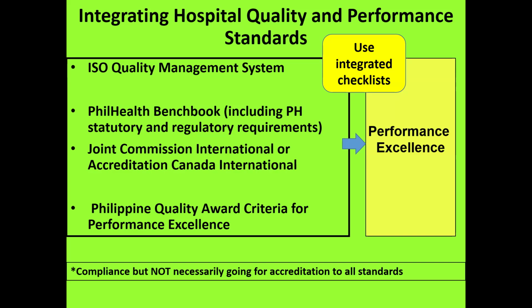You can take a look and integrate all of these four standards, for example, and come out with a checklist that will cover everything or almost everything, and then try to implement it. Then comply with it, and you may be achieving performance excellence without going for the external accreditation.